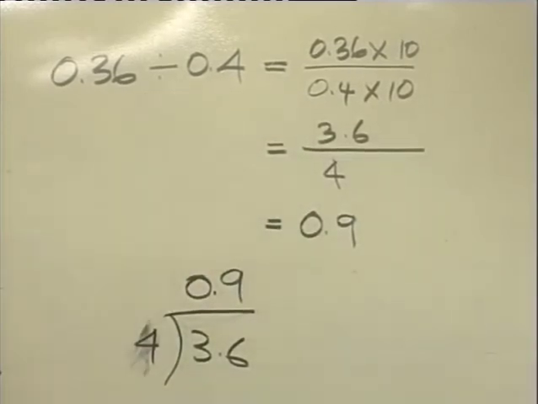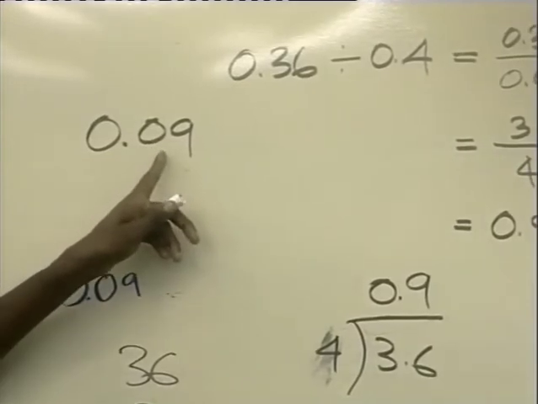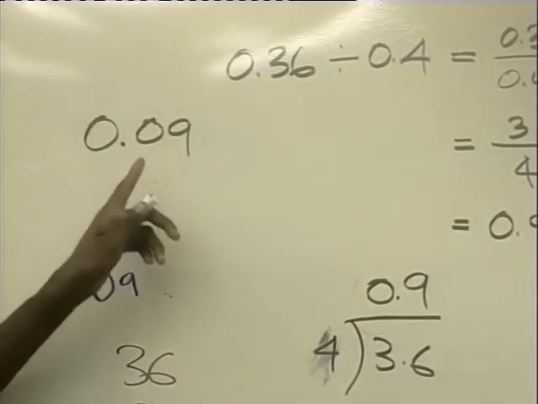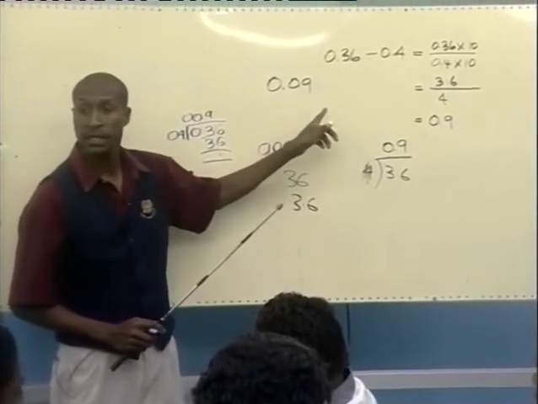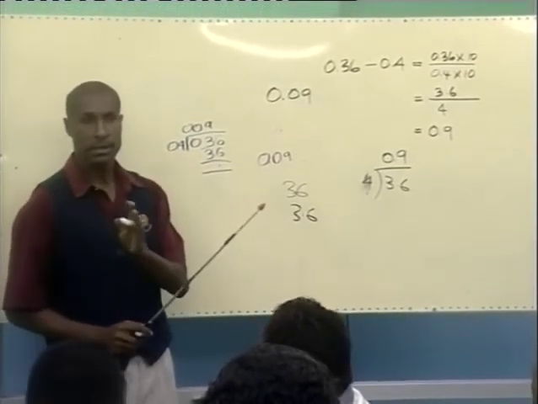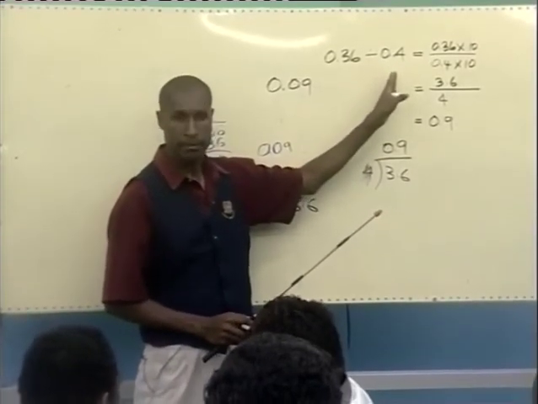When the divisor is to two decimal places, what will you multiply the divisor and the dividend with? 100. If it is three decimal places, 1000. The important thing is you must make the divisor a whole number.